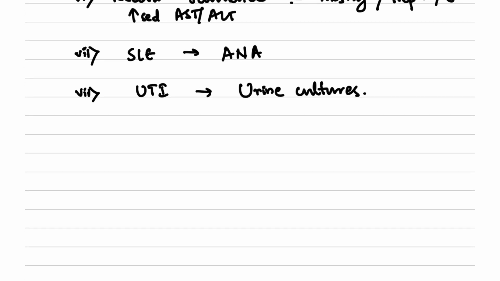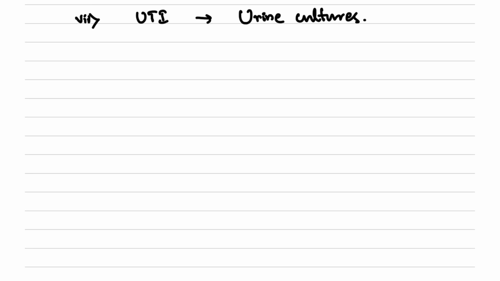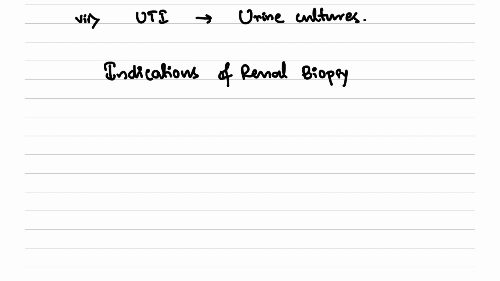Let's look at the indications of renal biopsy. In our patient, even after doing all this, if you are unable to confirm the diagnosis, then we can go for renal biopsy. Before ordering a renal biopsy, we need to know the indications that absolutely necessitate it.